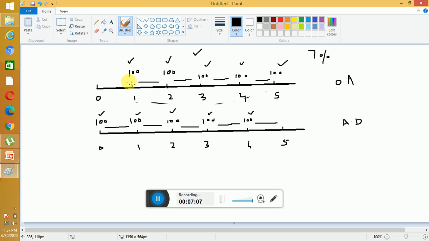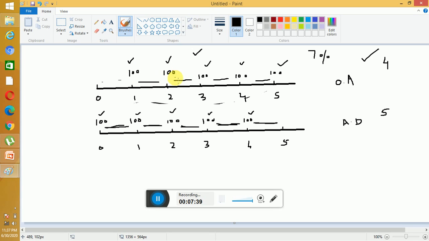In ordinary annuity we receive interest on the first $100 1, 2, 3 and 4 times. But here, in annuity due, we receive interest 1, 2, 3, 4 and 5 times. Here we receive interest only 4 times, but here we receive interest 5 times on the first $100.